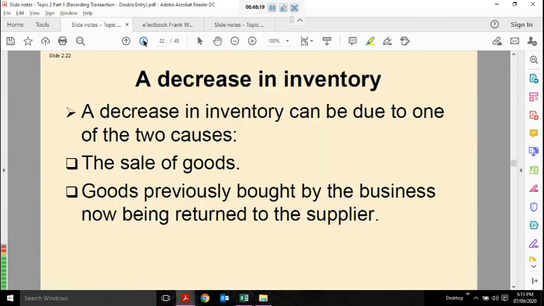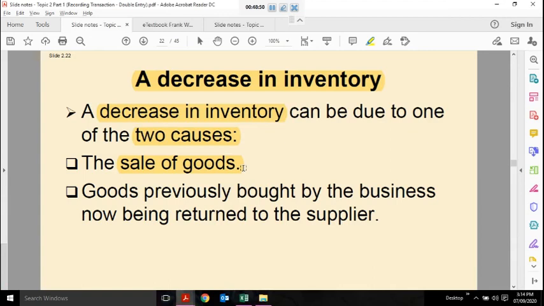Next, a decrease in the inventory. What are the causes of decrease in your inventory? The decrease in the inventory is because of two causes as well. The first one is the sale of goods. Let's say in my warehouse, I have 1,000 units of laptop. Now I sell to reseller 1, reseller 2, reseller 3.